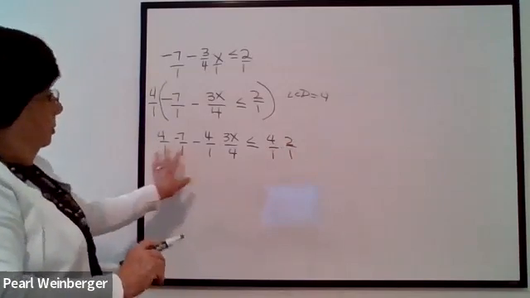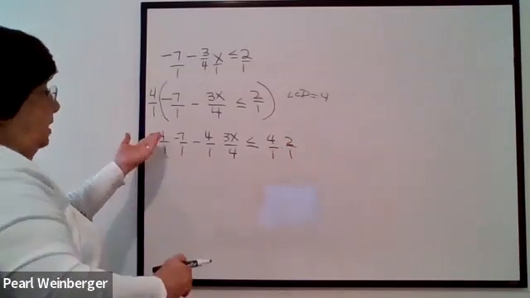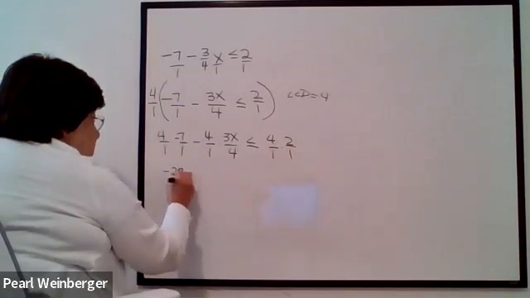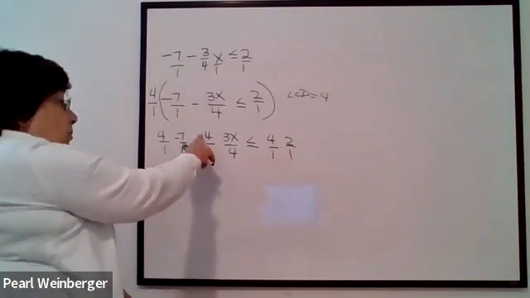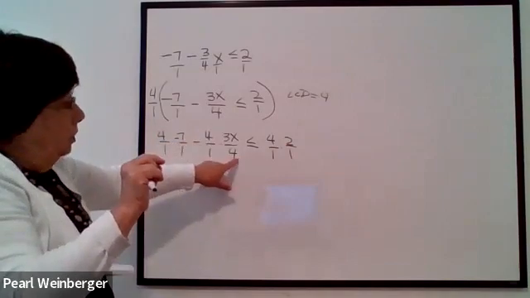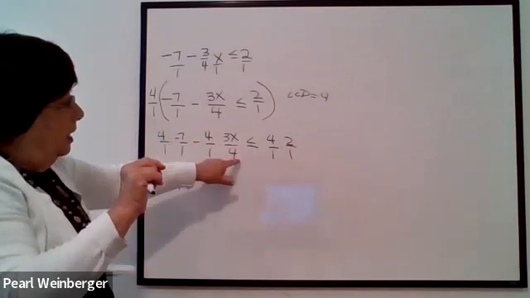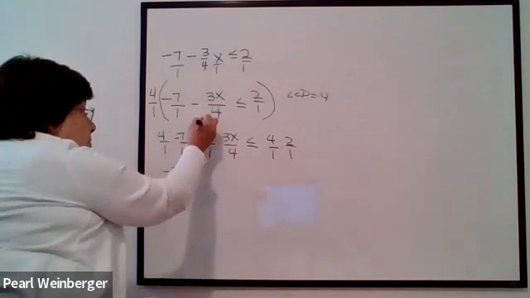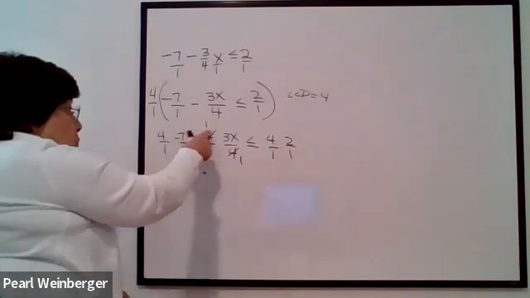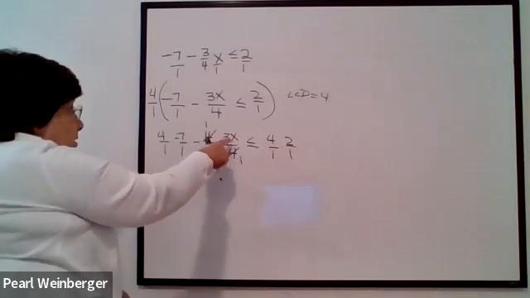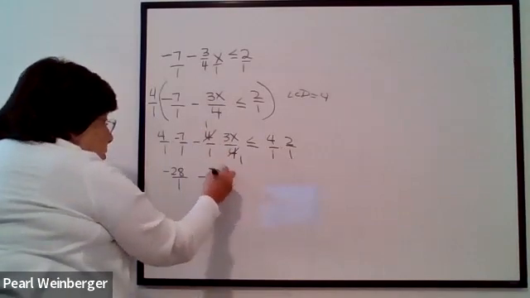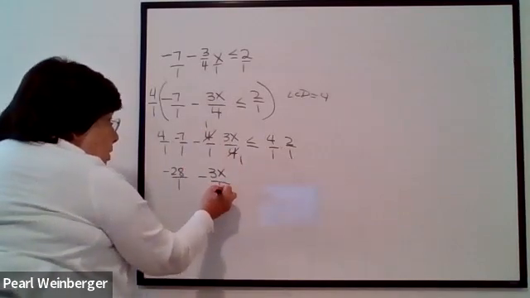So let's see what we have. Over here, our two denominators are 1, so there's nothing to cancel out. We're just getting -28/1. Over here, remember, we try to cross cancel, and I have a 4 in the numerator and a 4 in the denominator. I can divide out the 4s, which leaves 1s in place of that, so I'll have -1 times 3x, which is -3x, over 1 times 1, which is 1.